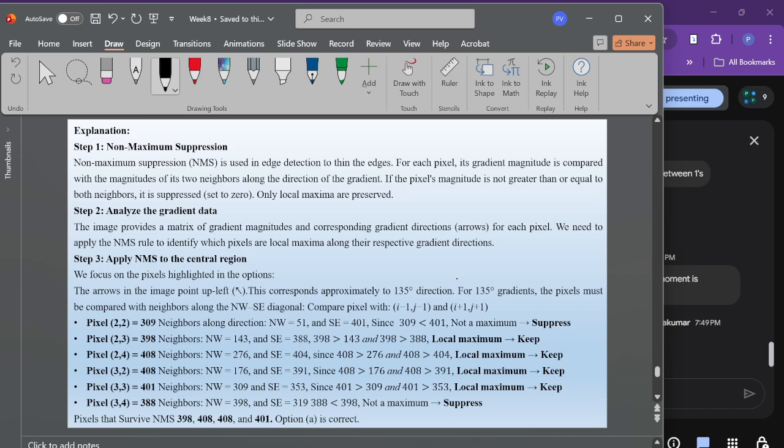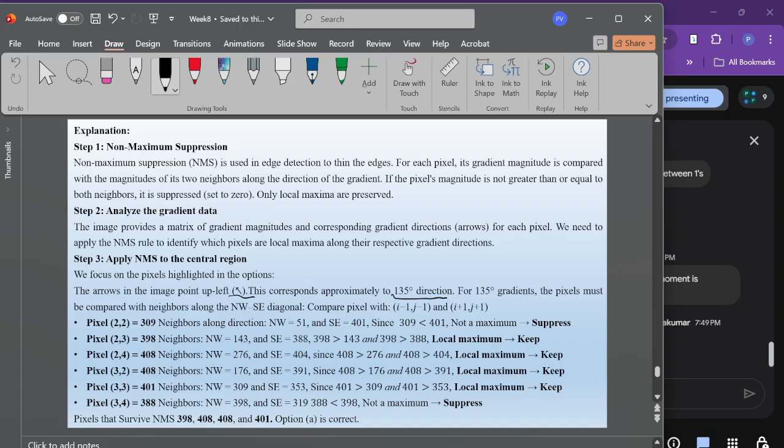As we have discussed, non-maximum suppression is used in edge detection to thin the edges. For each pixel, its gradient magnitude is compared with the magnitude of its two neighbors along the direction of the gradient. Here the direction of the gradient that is given, pointing up left, corresponds to the 135-degree direction.